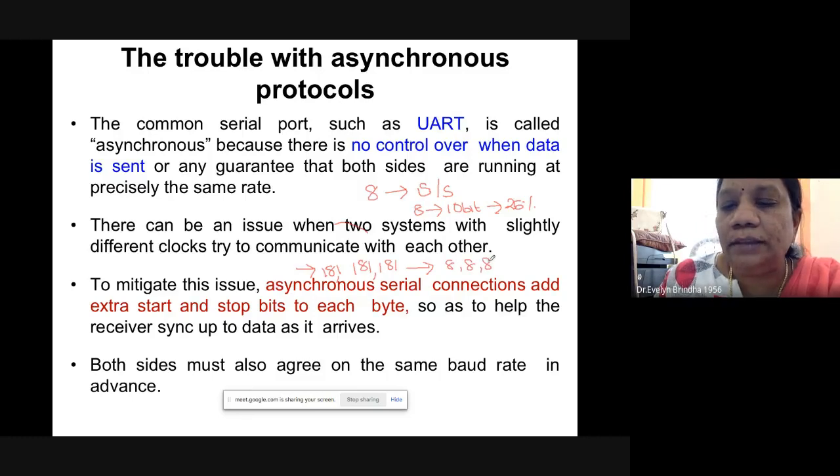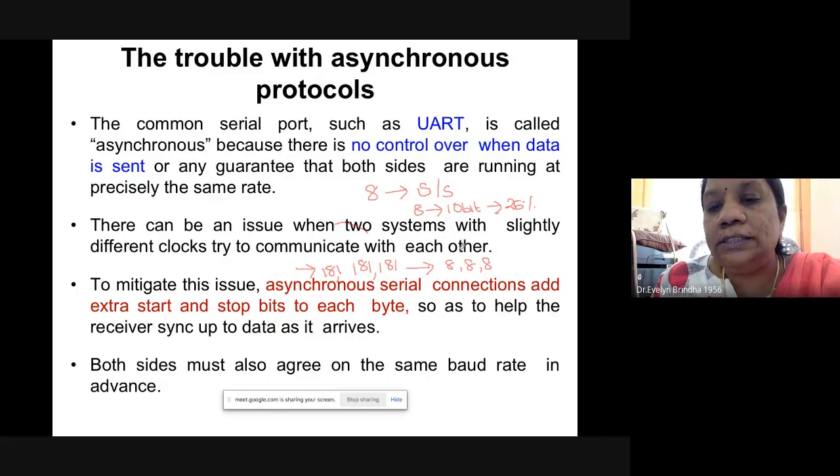Attaching the start bit and stop bit is an extra process, and at the receiver side, removing them and sending only the data is another process. All this takes a slightly longer time and more complication. That is the reason why UART is less preferred than SPI. Have you understood the logic?